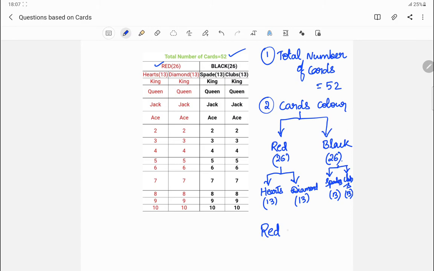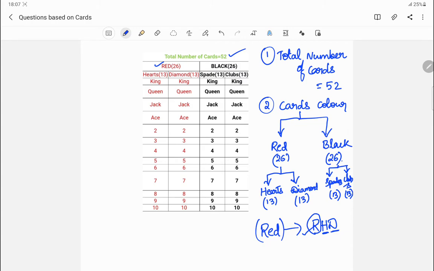So in order to remember, simply use the spelling red and replace E with H. This means under red there are two types, that is hearts and diamonds. If you can remember what is under red, immediately the leftover ones, spades and clubs, will be under black.